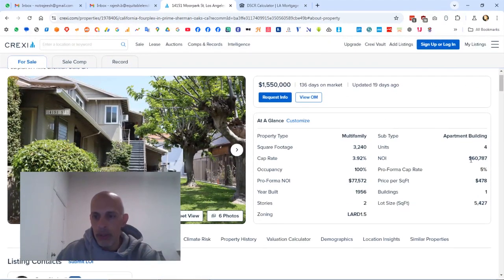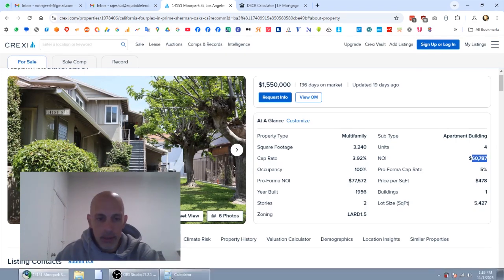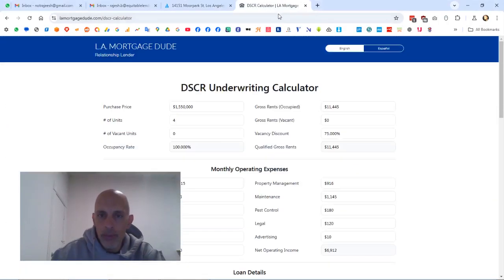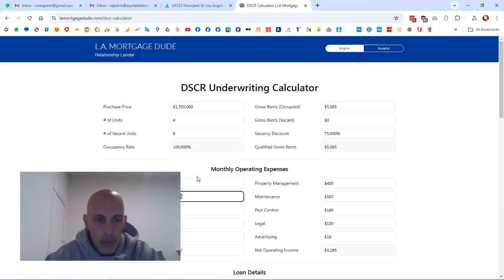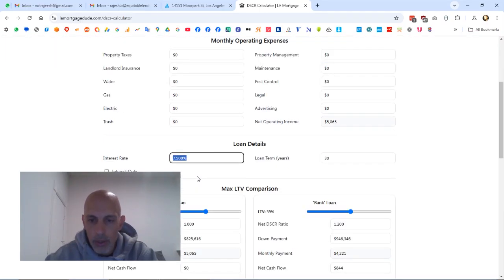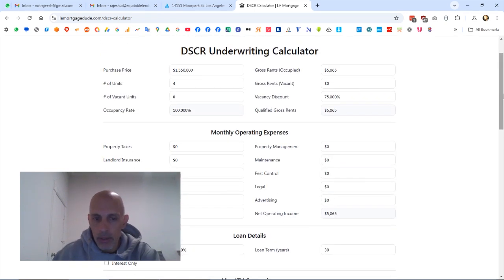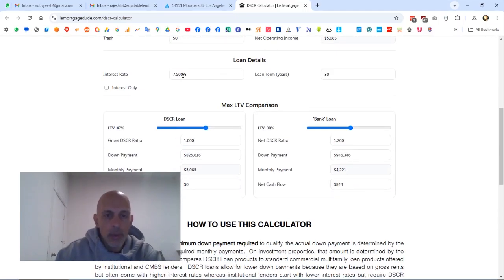So what I'm gonna do is just use the NOI, 787 divided by 12. So that's 5065 per month. This doesn't matter because there are 0 vacancies. And I'm just going to enter 0 for everything else because this number has already accounted for net operating income. 5065 per month.